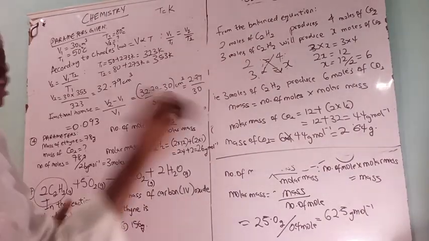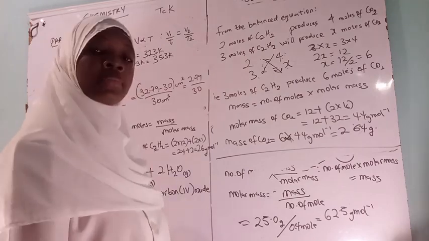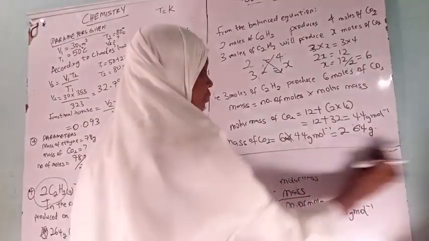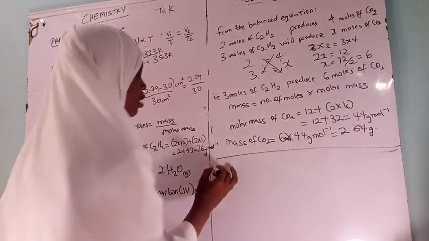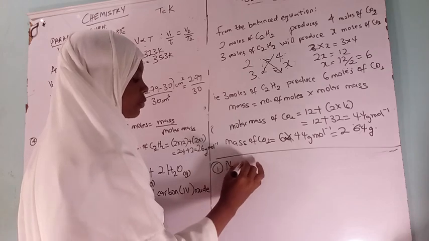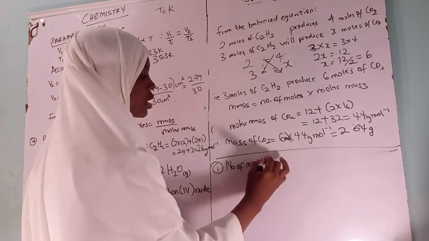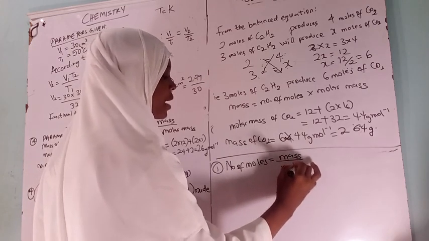So now back to the number of moles. The formula for calculating moles. I told you that I will give you 5. Number 1, number of moles equals mass over molar mass.